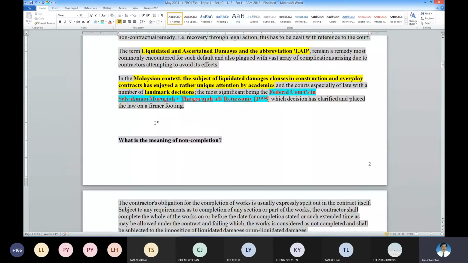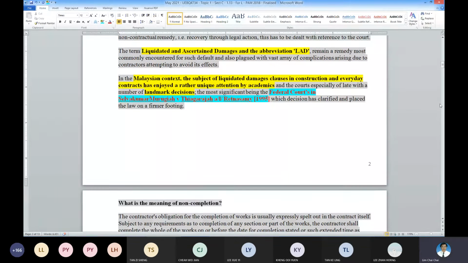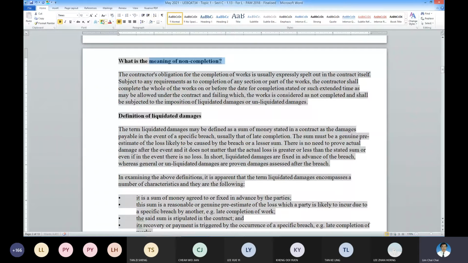Okay, so now to elaborate further, what does non-completion mean? Already I mentioned to you earlier, you cannot finish within the original contract duration or the valid extension.